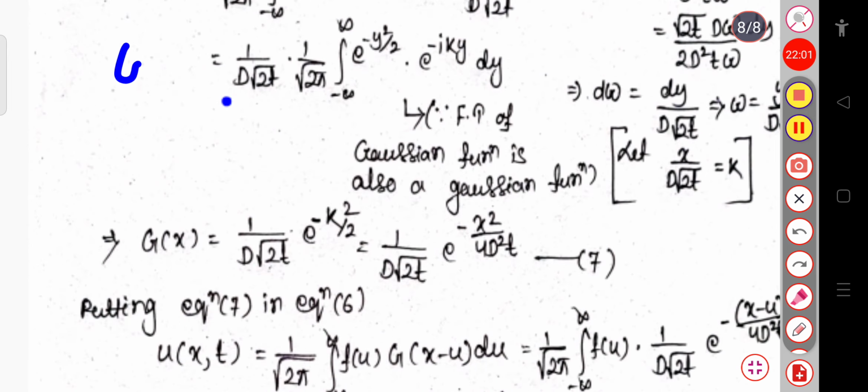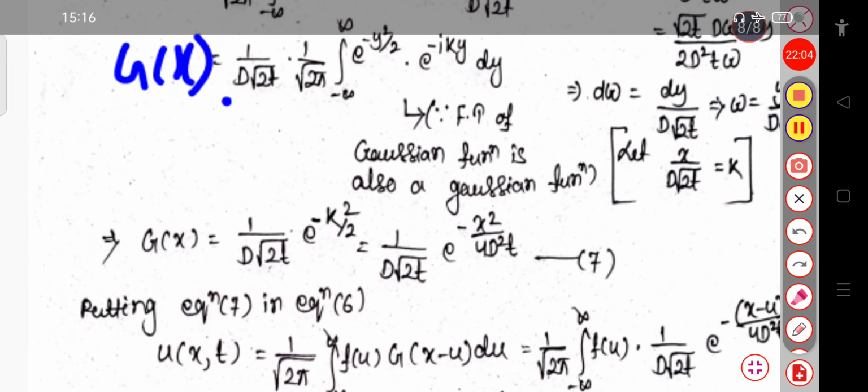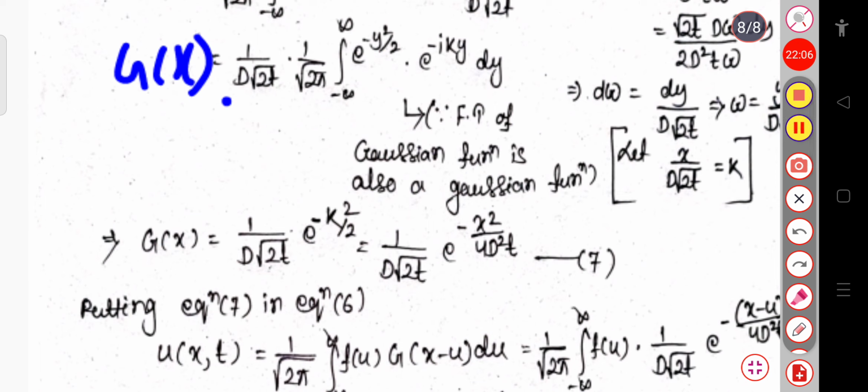Now if you look at this expression clearly, you can see a y square term is present in the exponential minus y square. That's why we can call this a Gaussian function. And we also know the Fourier transform of a Gaussian function is also a Gaussian function.